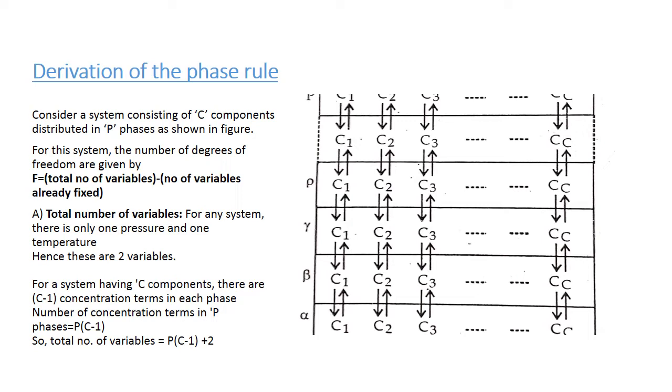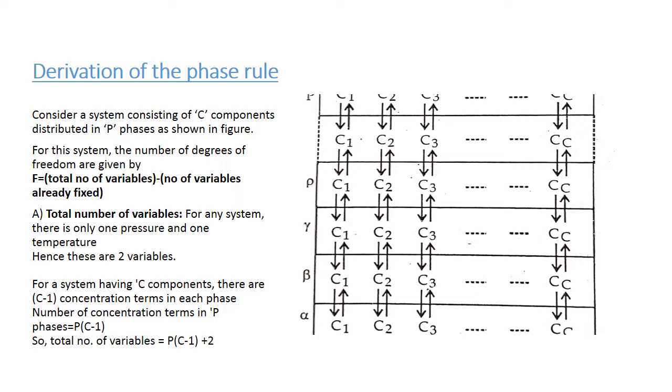You can see in this diagram we have considered a system in which we consider C number of components, that is C1, C2, C3 up to C, and in the upward direction we have considered the number of phases, the horizontal lines separating each phase, and we have given a name to each phase like alpha, beta, gamma, etc. up to P. So this is our system, our consideration for the derivation of the phase rule.